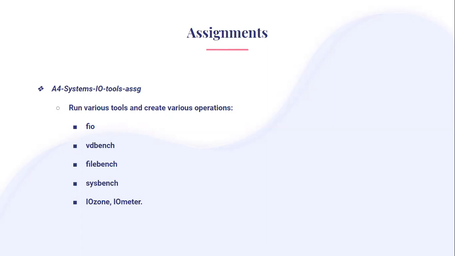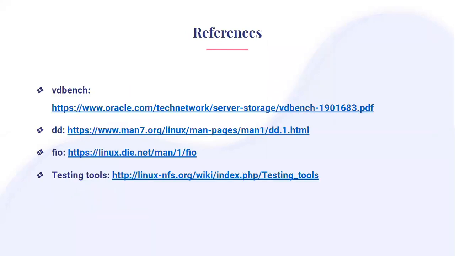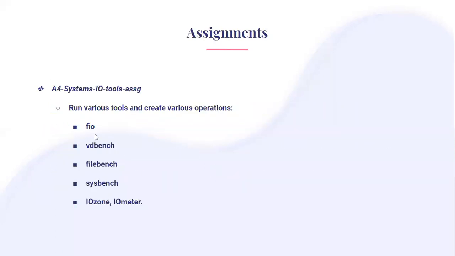So go ahead and see those user manuals I have mentioned here, all the references, the testing tools mentioned as well. The assignment will be to simply run these, and try to explore more on the block size side, file operation side, and data check side, data error side. That is very, very important.